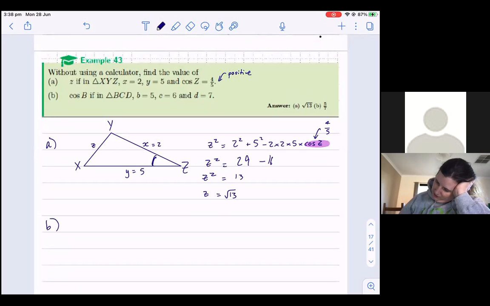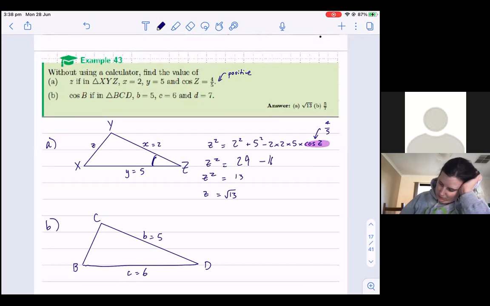Question B. Again, we've got triangle BCD. Doesn't matter how you draw it, doesn't matter what goes where. Little b equals 5, little c equals 6. I'm always doing these opposite their big angles, by the way. Little d equals 7. Cos of b. So we want cos of this one.